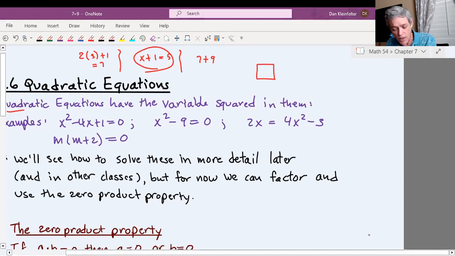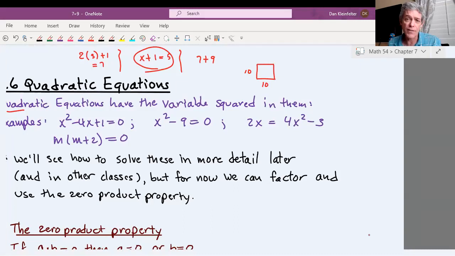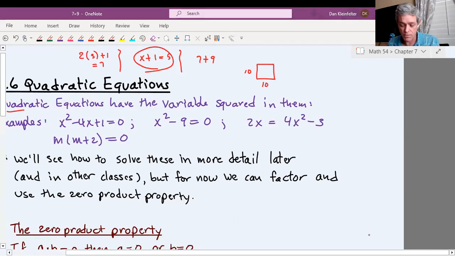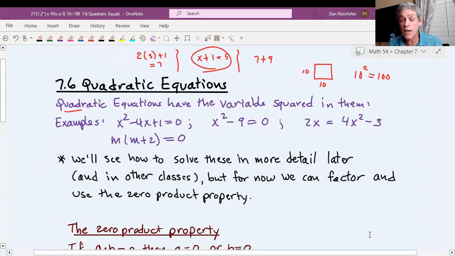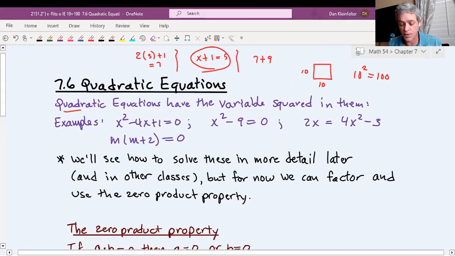If you had a square of side length 10 inches by 10 inches, to find the area of that 4-sided shape, you'd square 10, right? 10 squared is 100. So that's the connection between the quad part where there's 4 and the fact that you're using an exponent of 2. Okay, quadratic equations, exponent is 2.